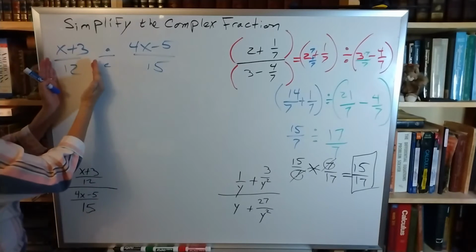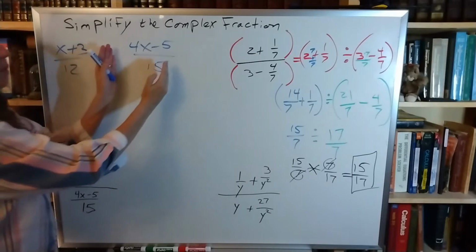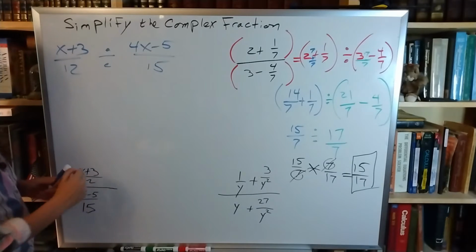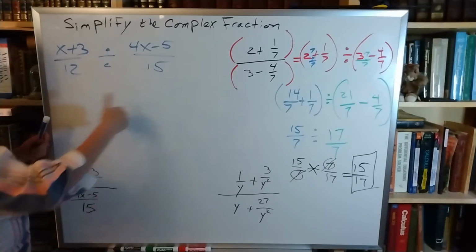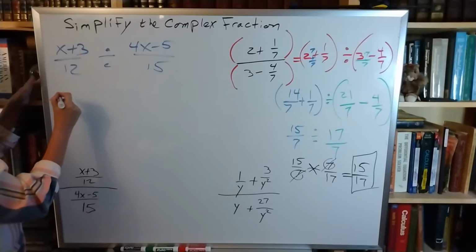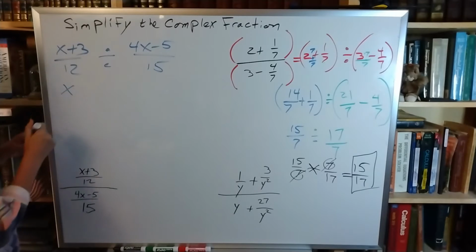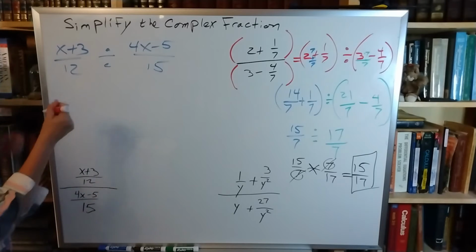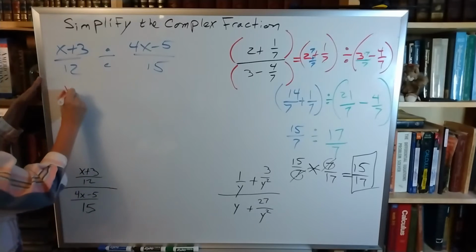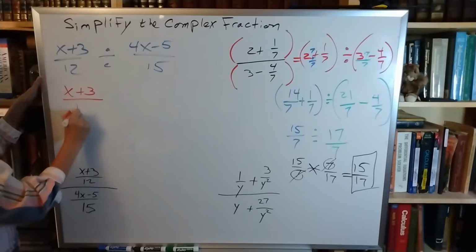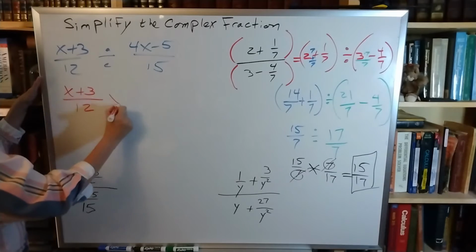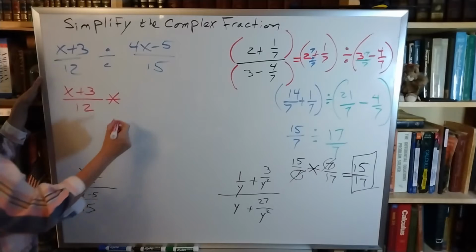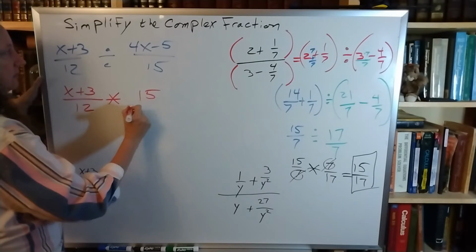I have one fraction divide by one fraction, so I'm allowed to do my keep, change, flip. Let me use a different color here so it doesn't all run together. So x plus 3 over 12, change that to times, and flip this over itself.